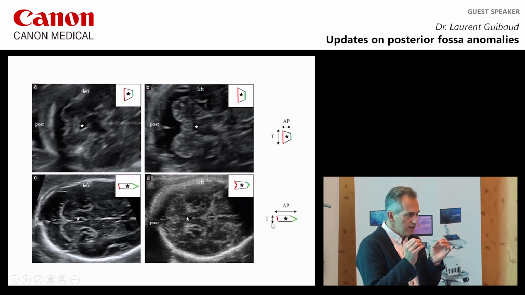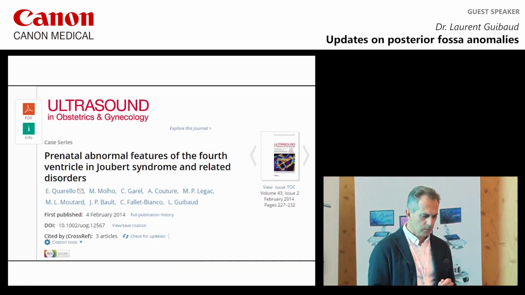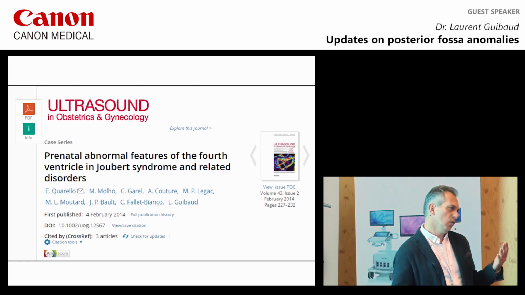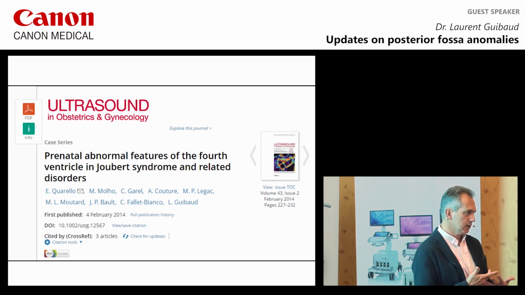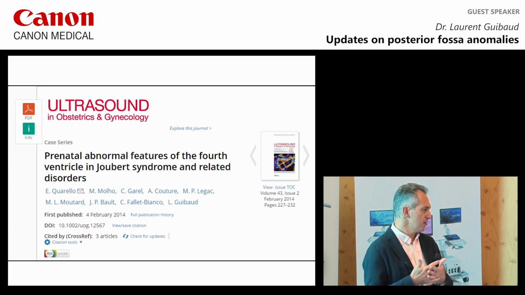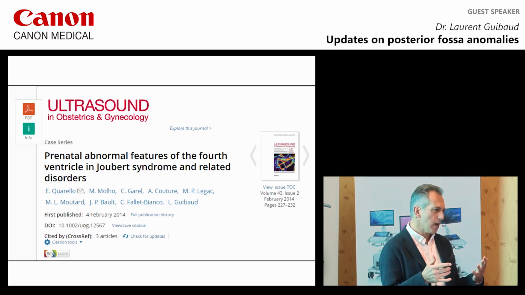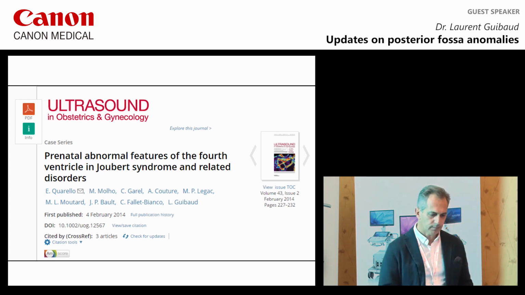So if you see this, it is very pathognomonic of Joubert syndromes. And when you know that Joubert syndromes are related disorders, you have a panel of genes, because there are more than 30 genes involved in these conditions, and you can go straight from the images to the genes.